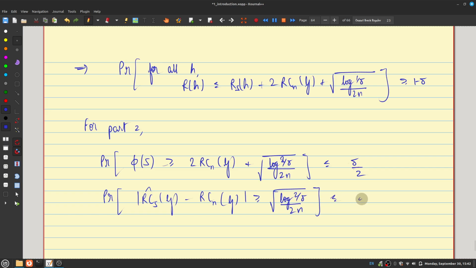We show that this is less than or equal to delta by 2, some constant C prime times this.